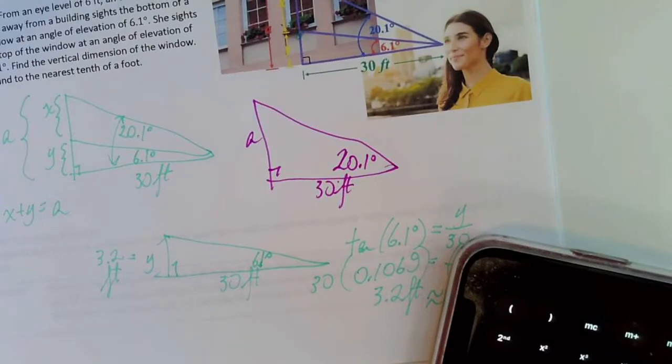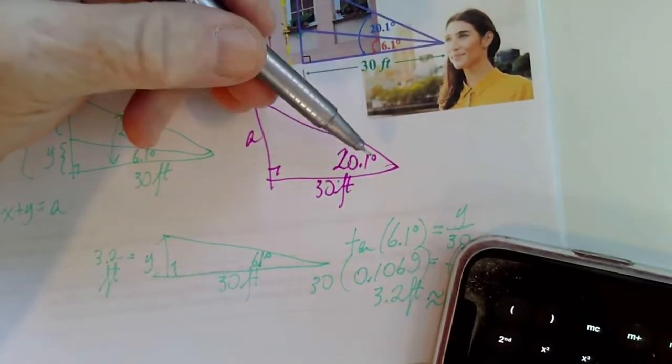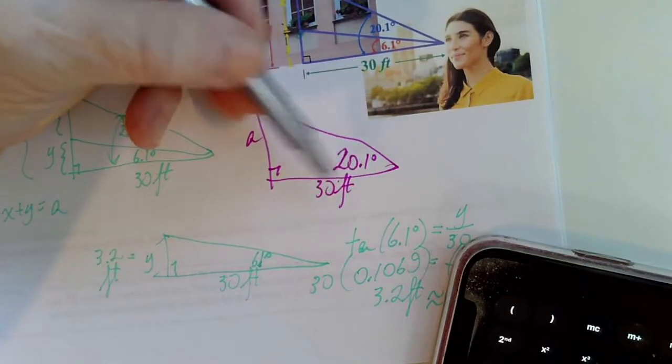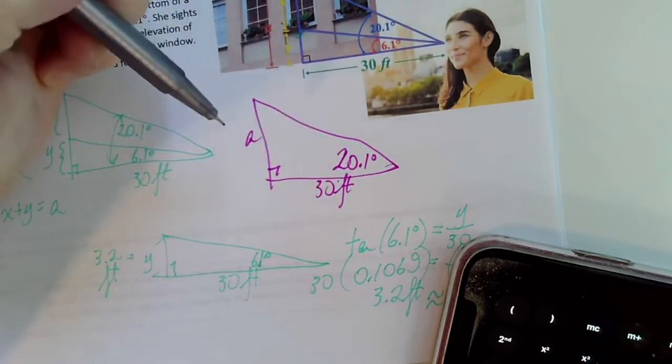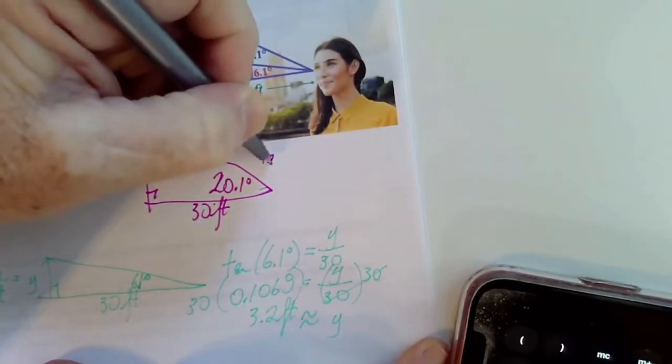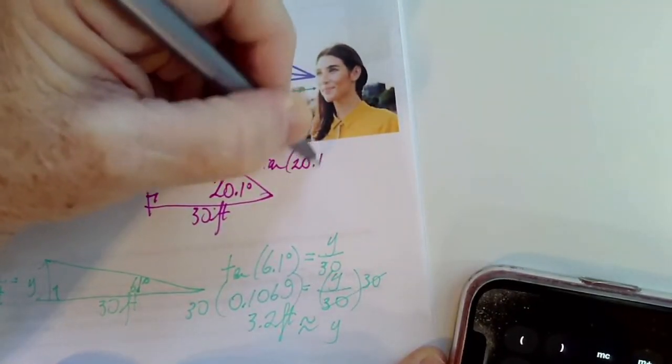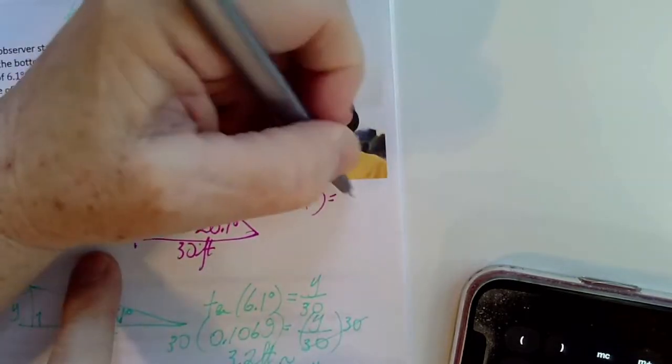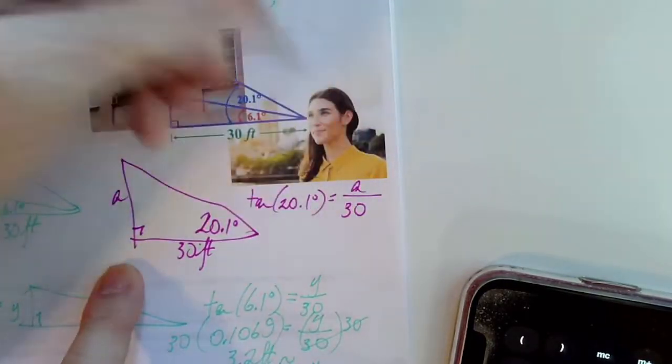And the trig function that involves the angle at the base, the adjacent side, and the opposite side is tangent. So I know that the tangent of 20.1 degrees is A over 30.